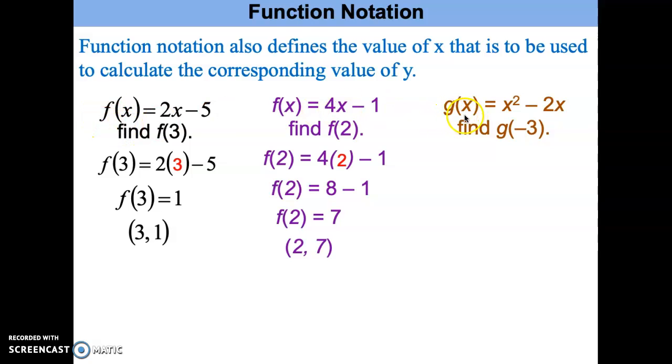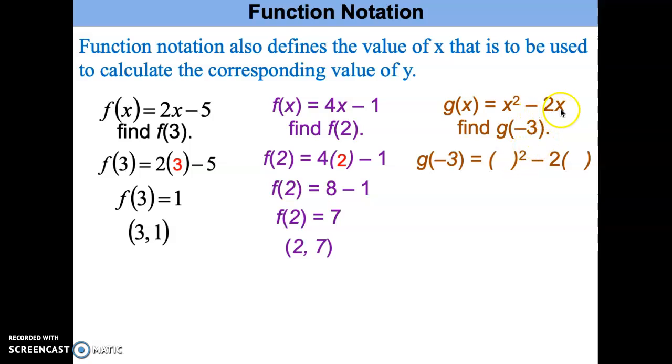G of x means that we have a function here. In this case, our function is x squared minus 2x. Find g of negative 3. So what does y equal when x equals negative 3? We rewrite the equation, but instead of g of x, we're putting g of negative 3, because that's what we want to find. And instead of x squared, we put parentheses squared.